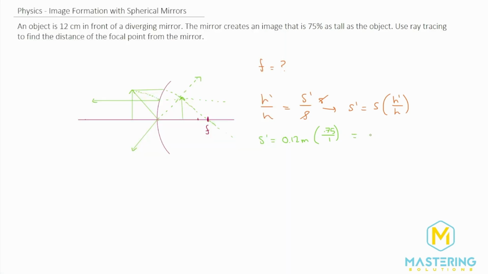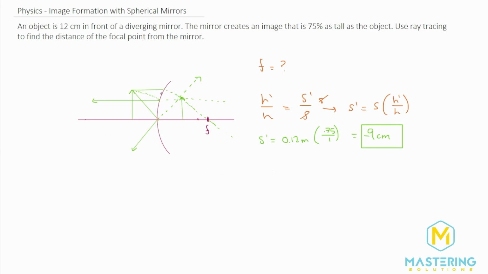So the distance is 9 centimeters, or 0.09 meters. So that's how far away it is. Now we can use the thin lens equation to solve for the focal point. Now, this needs to be a negative 9 centimeters because the sign convention is that with a diverging mirror, all of the images are going to be virtual. And since it's on this side of the mirror, that means it's going to be negative.